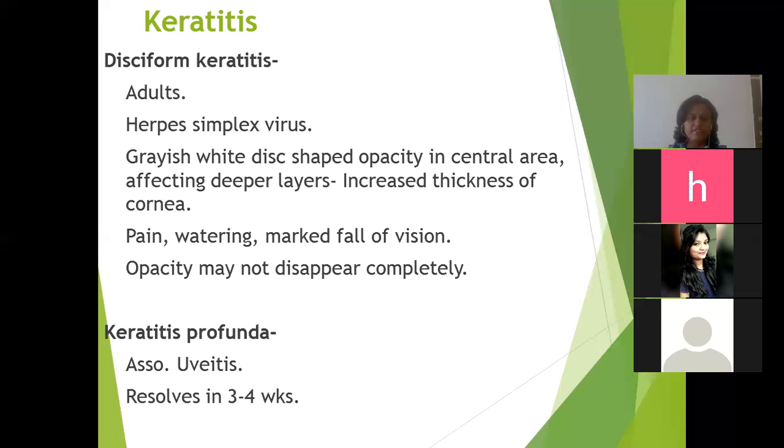It is mostly seen in adults with herpes simplex virus: grayish white disc-shaped opacity in the cornea in the central area and affecting the deep layer, with increased thickness of the cornea. There is pain and watering, marked fall of vision, opacity may not disappear completely, and keratic precipitates. It is associated with uveitis and resolves in 3 to 4 weeks. So this is disciform keratitis.